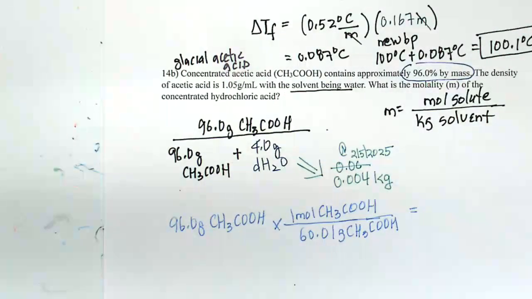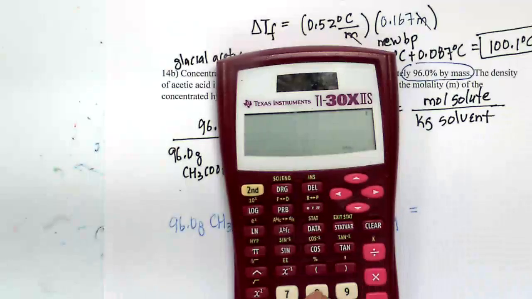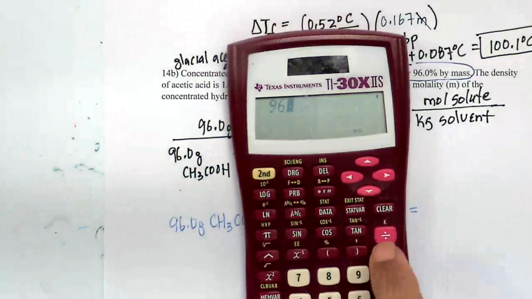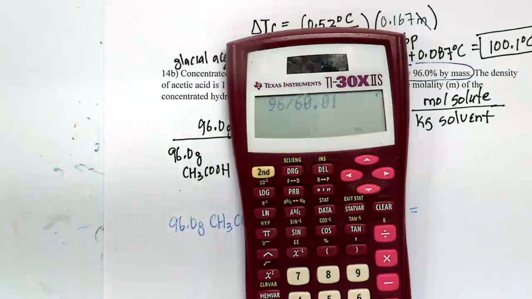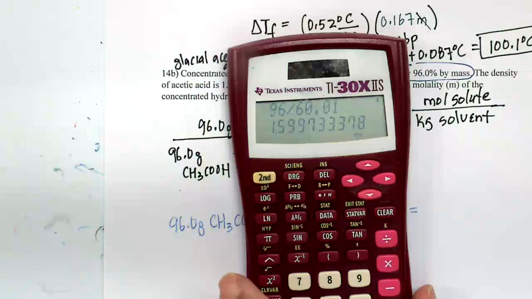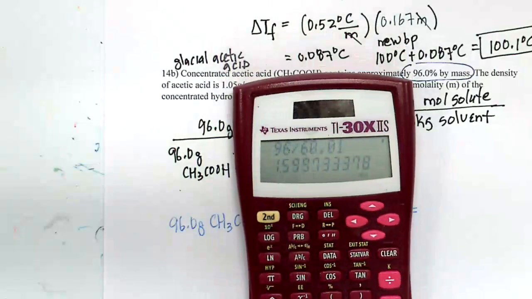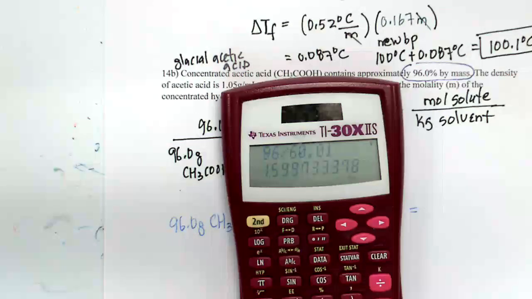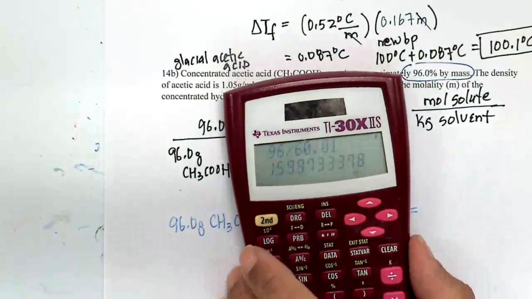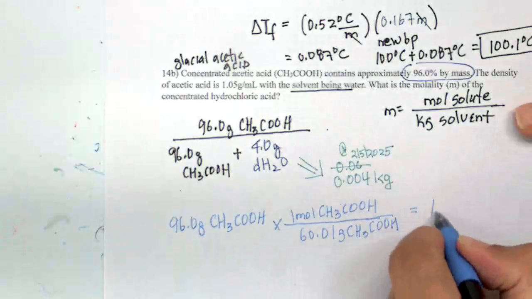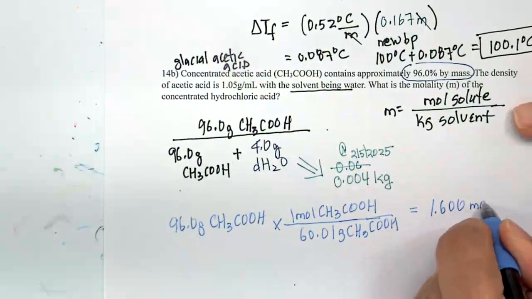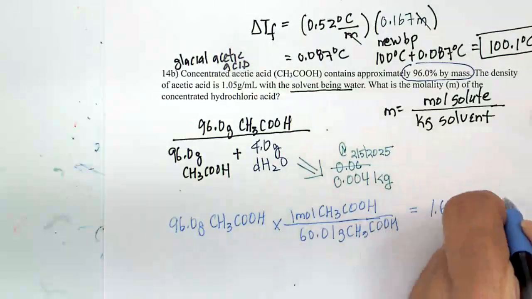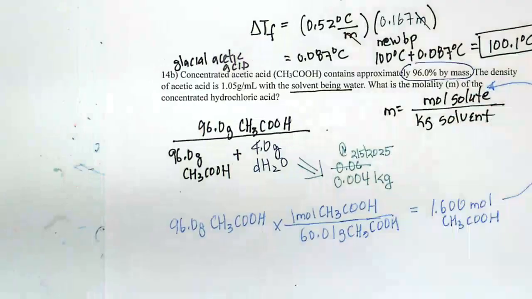All right, so what's 96 divided by 60.01? 1.600 moles. This calculator looks like it's also on its last legs. Can you see that? 1.600 moles. So this is our moles of solute.